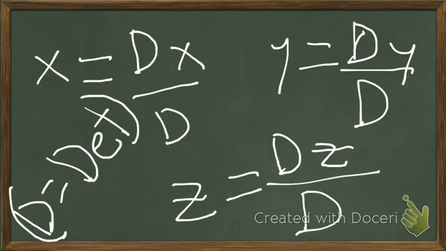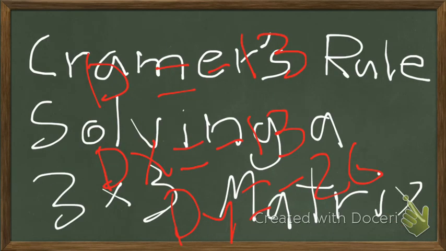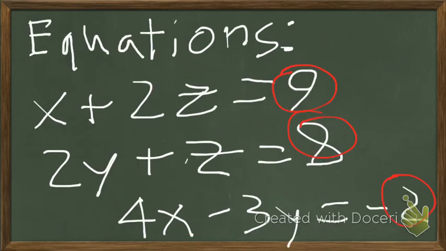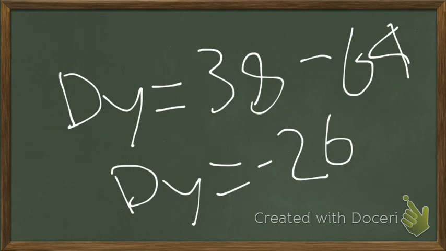I'll write that down. dz equals negative 52, and I didn't write that down very clearly, so I will write it down on the next page.